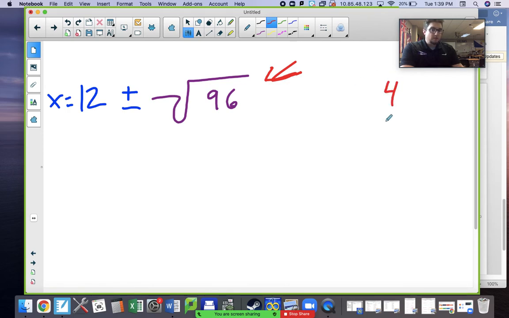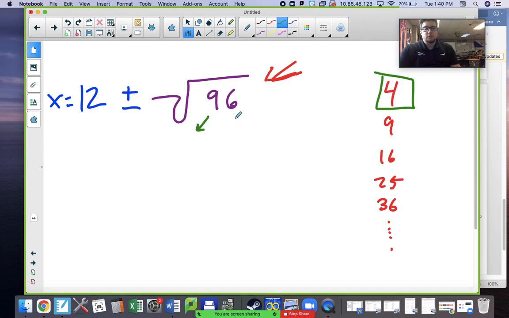Well, you're going to check 4, 9, 16, 25, 36, and so on, all these perfect squares until you find at least one of them. So again, grabbing my calculator, 96 divided by 4. Bam! I found one. Don't waste any time trying to find the largest one. It can save you some time, but just find one of them.